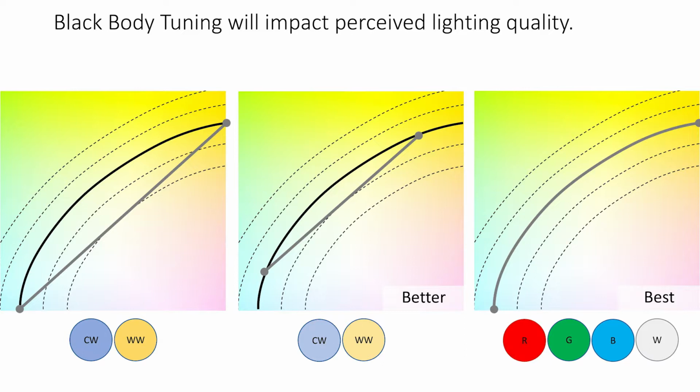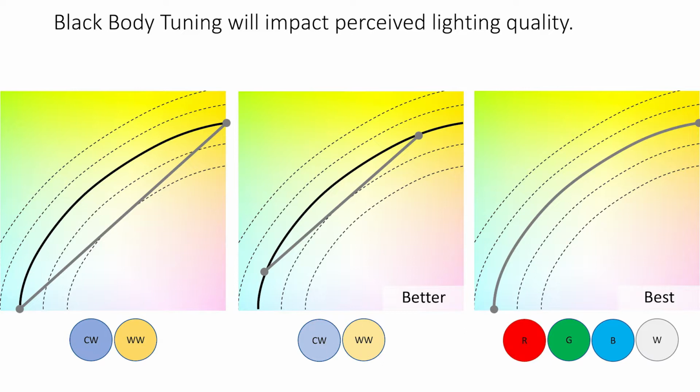I can't map the black body curve. So as I start to decrease the cool white value and ramp up the warm white value, I'm going to be going eventually into a purple region. The light's going to look purple at that point.